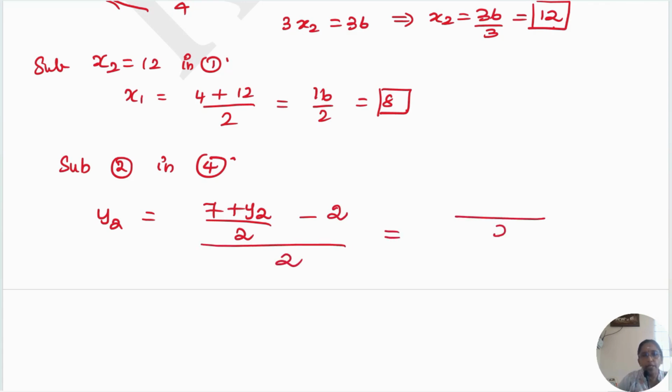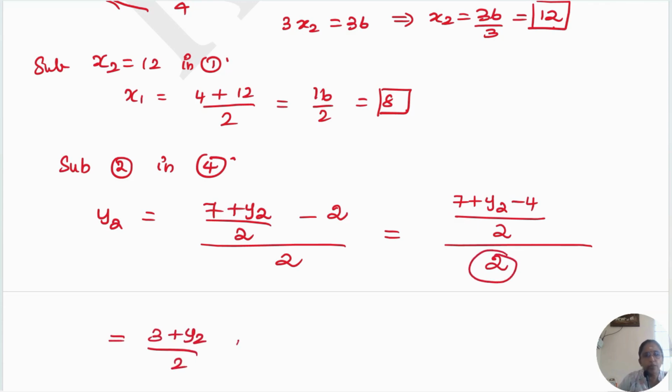Now in the numerator you take the LCM. So 7 plus y2 minus 4 divided by 2, and the whole thing divided by 2. So here it is 3 plus y2 divided by 2, and this 2 you take as a reciprocal with multiplication.